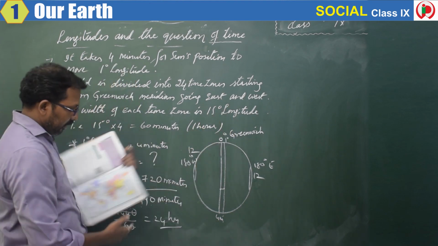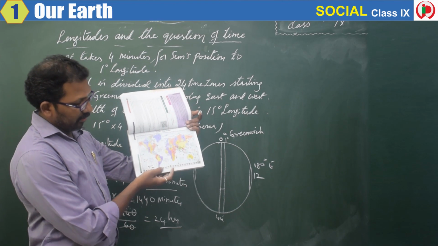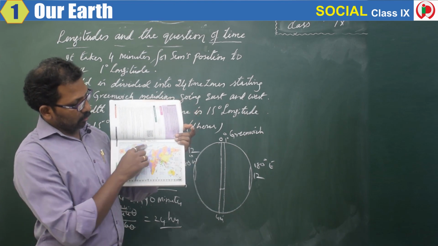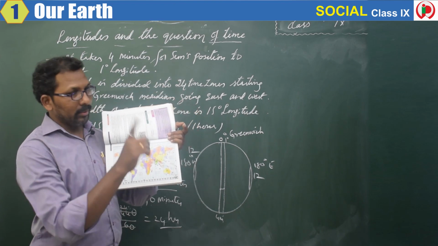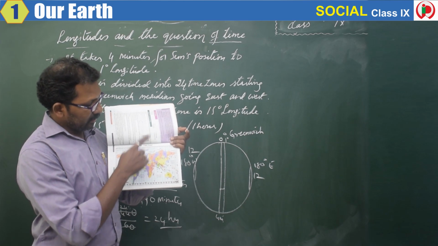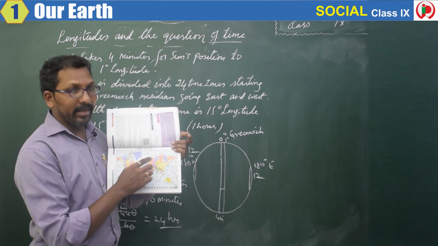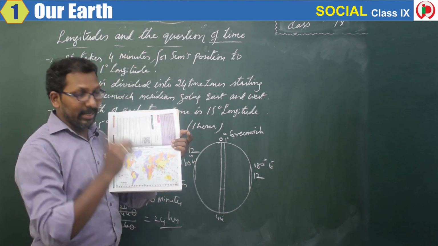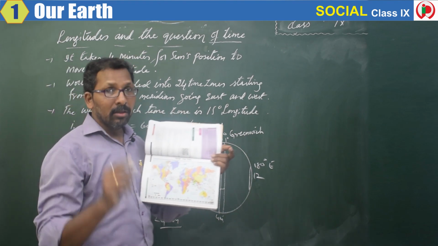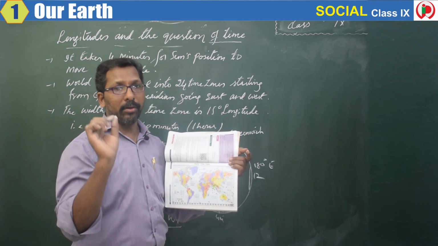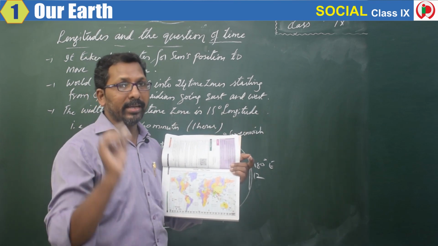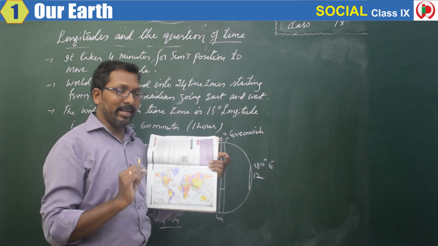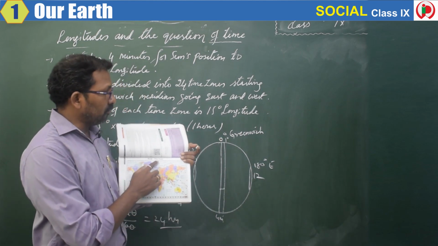One time zone is 0 to 15 degrees, then 30 degrees, then 45 degrees, then 60 degrees, like that. So each time zone has 15 degrees of longitude.